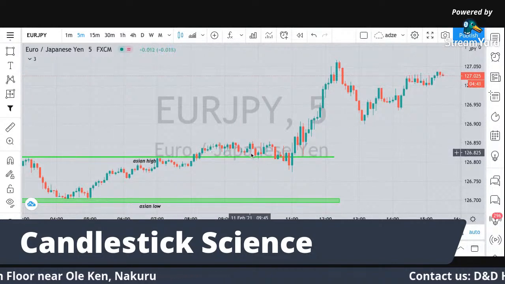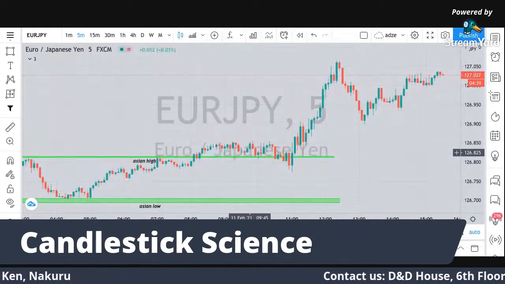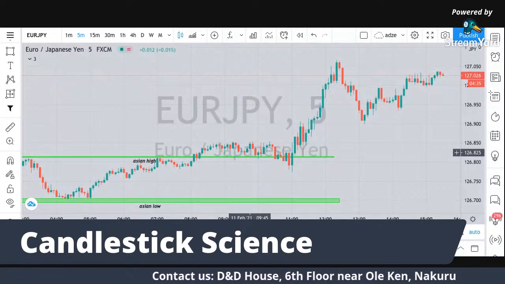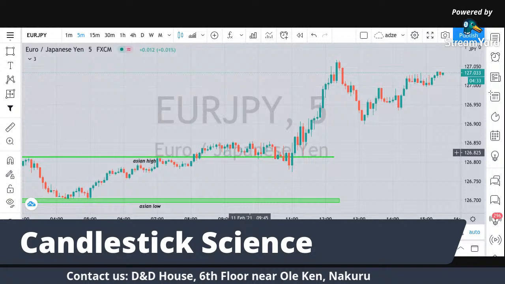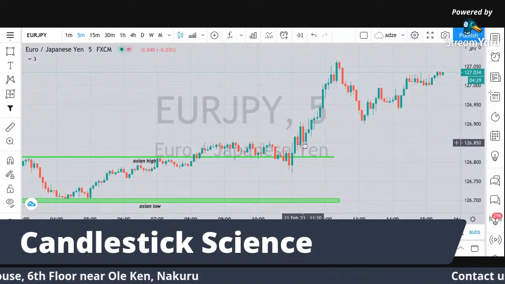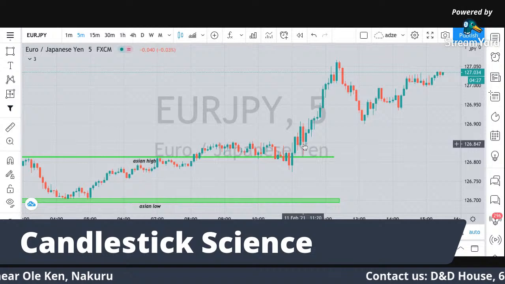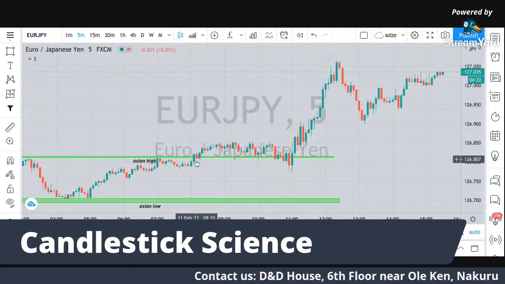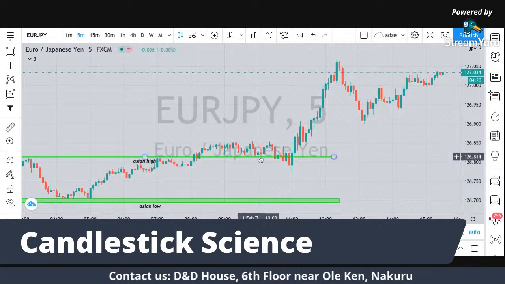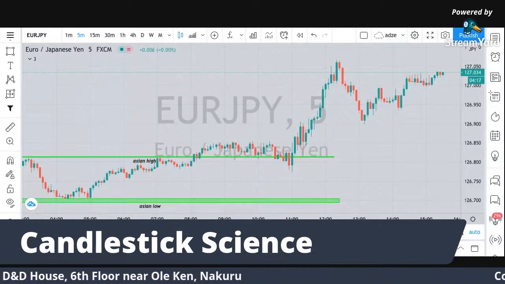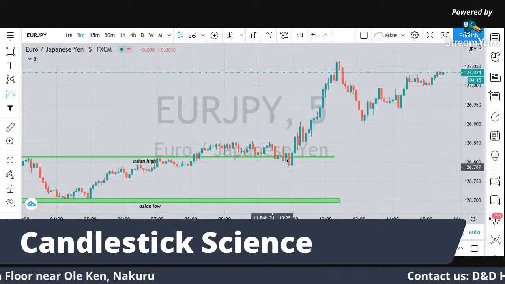So probably your entry was around 126.86, here, because of the spread. So Martin, it is the break. Price comes back to retest the same high, and if it retests this particular zone, you enter.